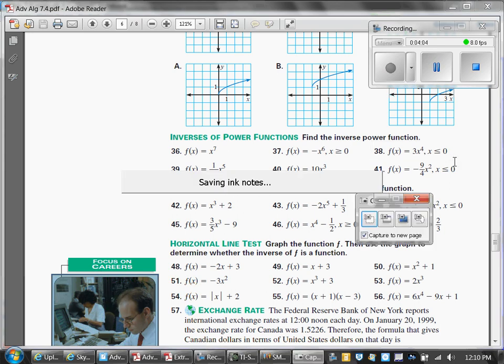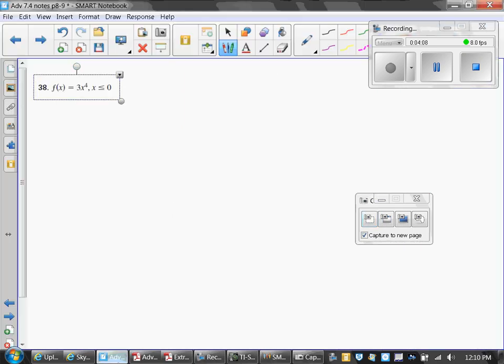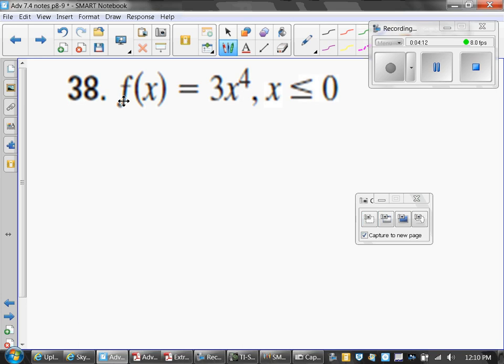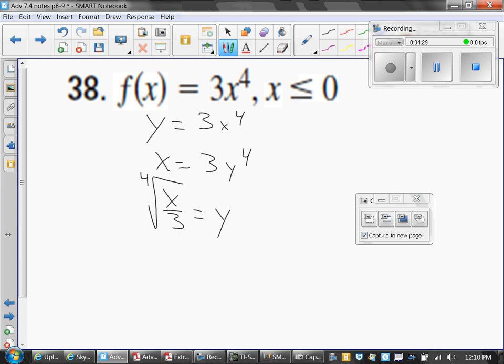Find the inverse of the power function. So remember, this means y equals 3x to the 4th. Interchange x and y. Solve for y. Can you have a radical in the denominator?